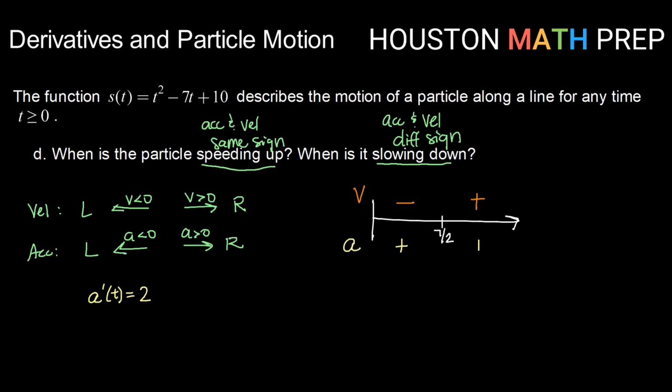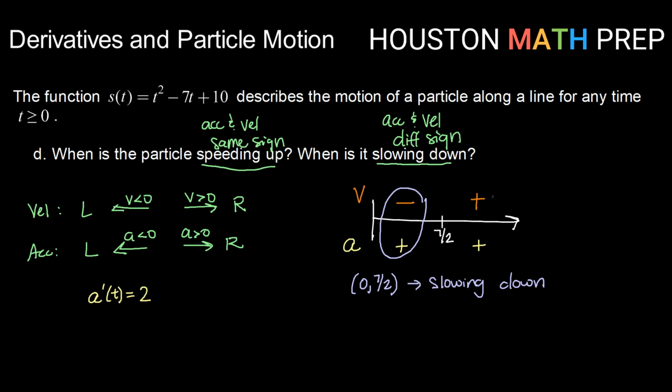So on both of these intervals, acceleration is positive. To figure out if we're slowing down or speeding up in either of these intervals, we just look at the combination of the signs for velocity and acceleration. On the interval from 0 to 7/2, because velocity and acceleration have opposite sign, your particle is slowing down. In this case, it's moving to the left, but accelerating to the right, so those forces are in opposition.